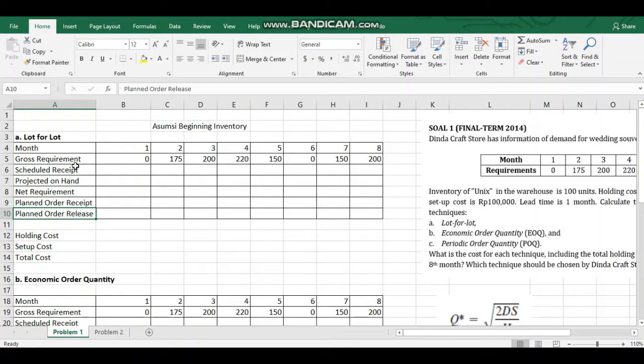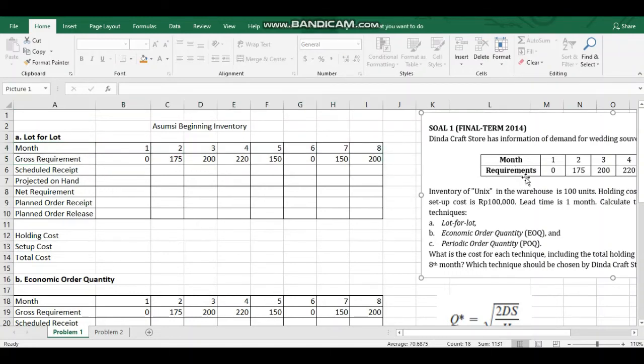Okay, so let's start here in this table. We have month, gross requirement, scheduled receipt, projected on hand, net requirement, planned order receipt, and planned order release. For month and gross requirement, the info has already been given in the problem table.